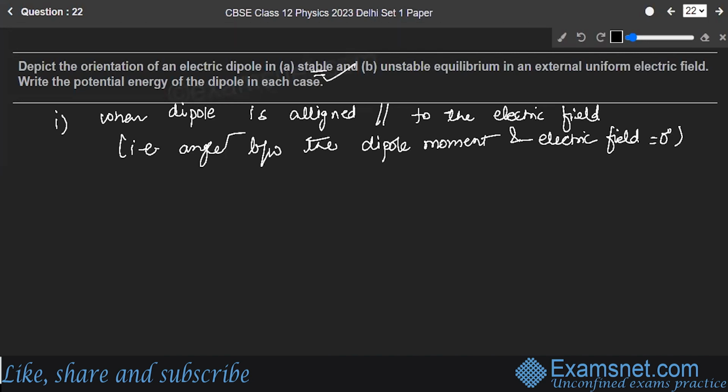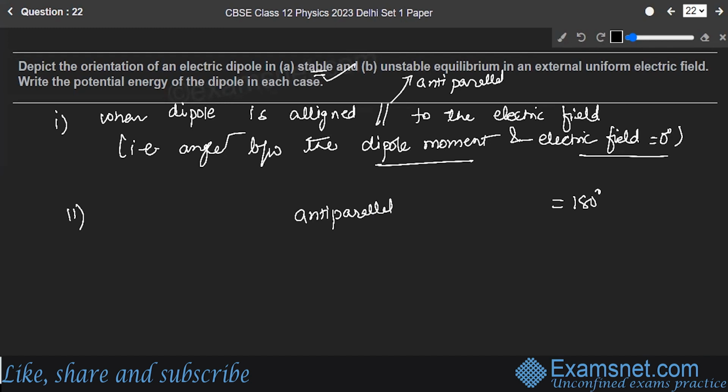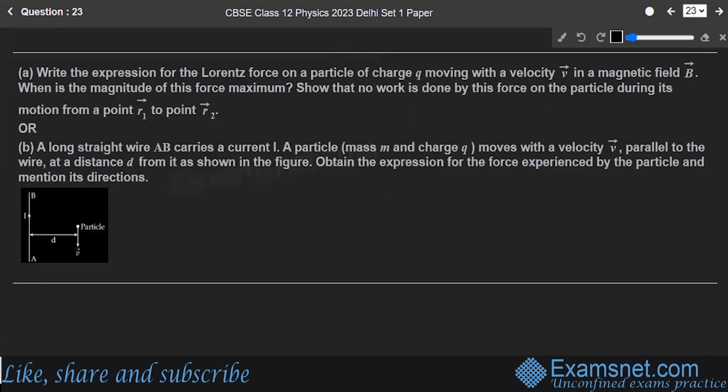And when the dipole is aligned anti-parallel to the electric field, that is the angle between the dipole moment and the electric field is equal to 180 degree, then it is in the unstable equilibrium. Hope you are clear with this. Then let's move to the next question.